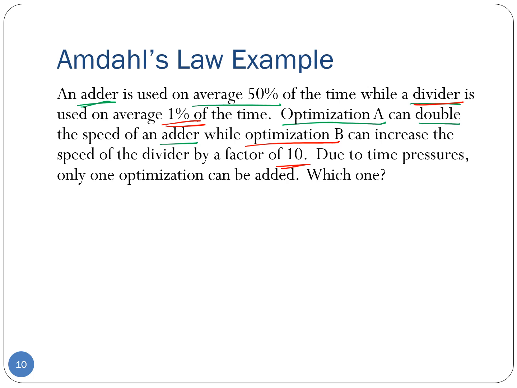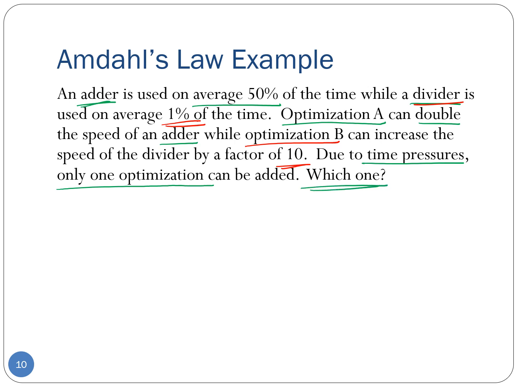Now, an interesting constraint that we have in front of us is that due to time pressures, we can only implement one of these two optimizations. Obviously, the best thing would be to implement both optimizations, and that way we can make the best improvements to our overall system performance. But due to time pressures, we can only do one of these two, either optimization A or B, and the question is, which of these two should we choose?